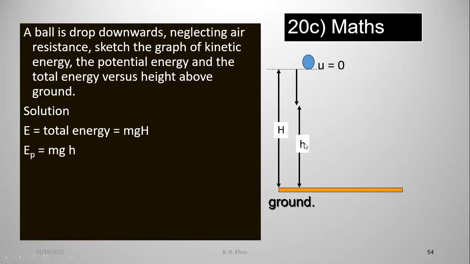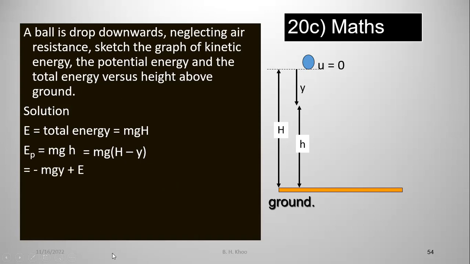It will be at a height H, but we are measuring y from where you drop the ball. So we replace that h with H minus y. We want this height as the potential energy. So it's just that capital H, the initial position, minus your distance dropped y. Replace that h with H minus y.